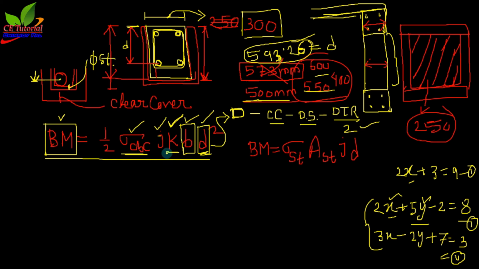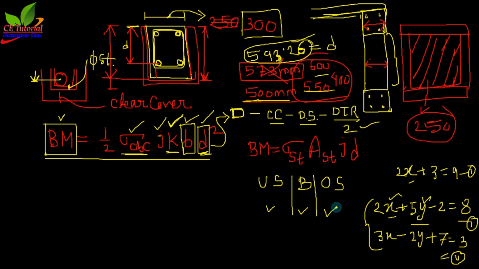Now the k value depends upon the type of section. Type of section is under reinforced, balanced, and over reinforced section. You can use under reinforced section, you can use balanced section, you can use over reinforced section, no issue.